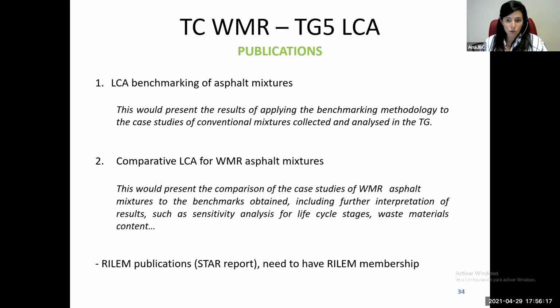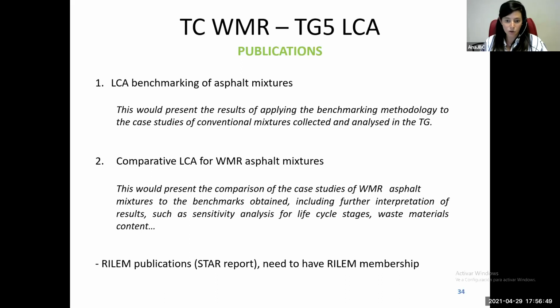And the second output or idea is the comparative LCA for this WMR asphalt mixture. So in this case, comparing the results of this analysis to the benchmarks that we obtain, and including further interpretation of results, such as the sensitivity analysis for the different life cycle stages, different amounts of materials, etc. So these are the ideas, more or less, that we would be working on for publications, papers or conferences, this type, right?